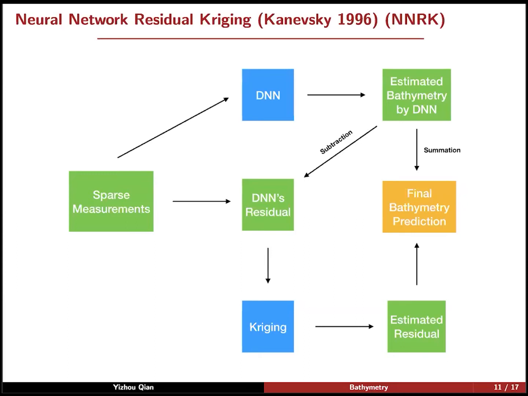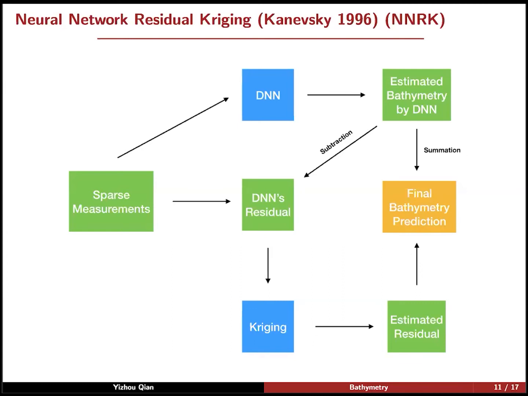After we obtain this, we can subtract our estimation at the measurement points from our original measurement to obtain the residual from our deep neural networks, which can be further passed into our Kriging to predict the overall residual. And we can improve our estimation by adding this estimated residual back into our deep neural network estimate.